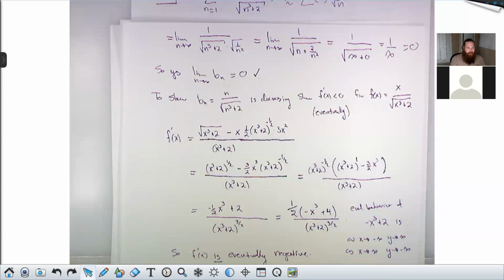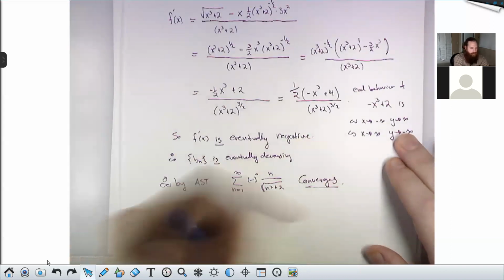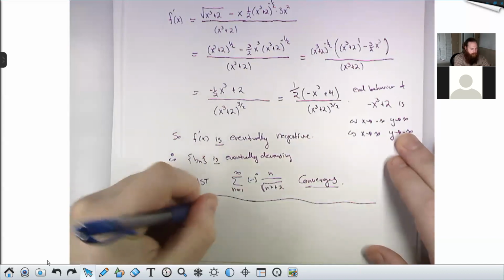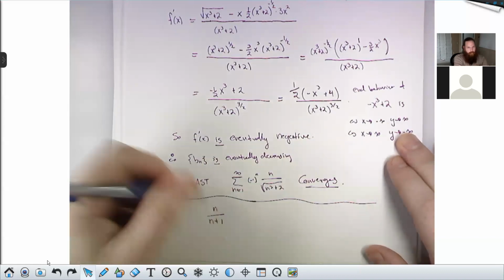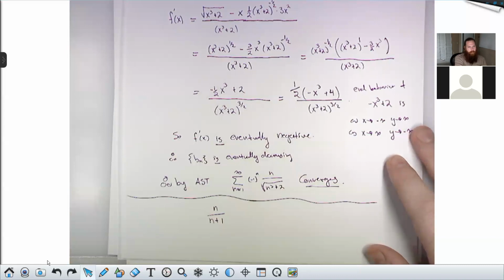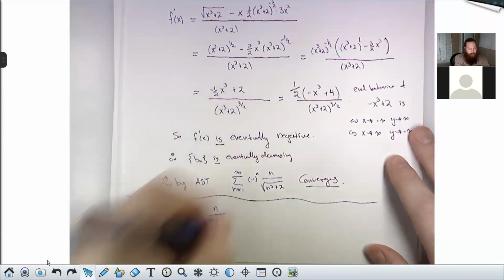Sad acoustic guitar, yeah. Can you assume that this is bigger than the numerator? Well, it is bigger than the numerator, but that doesn't mean that you're decreasing, right? Example. Here, the denominator is bigger than the numerator. But this is actually a decreasing function.